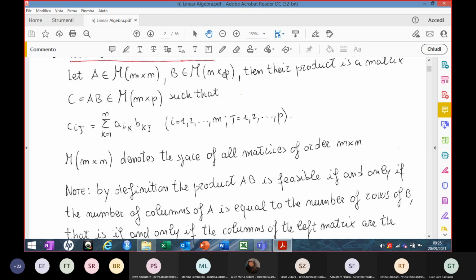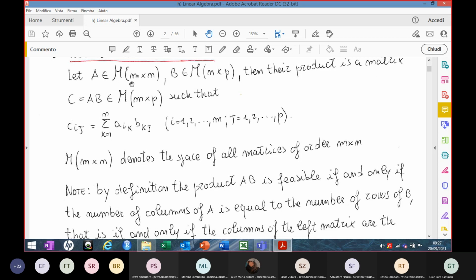While for numbers, you have, for example, that 2 times 3 is equal to 3 times 2, which is 6, for matrices, in general, A times B is not equal to B times A. In particular, it can happen that A times B is feasible, but B times A is not feasible. It can occur that A times B is feasible, B times A is feasible, but what you get are different matrices with different elements.